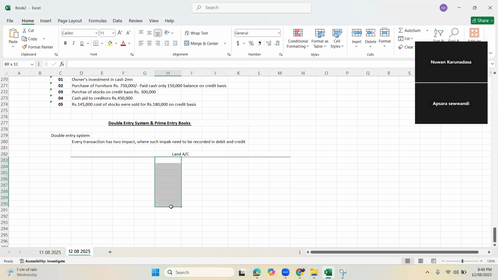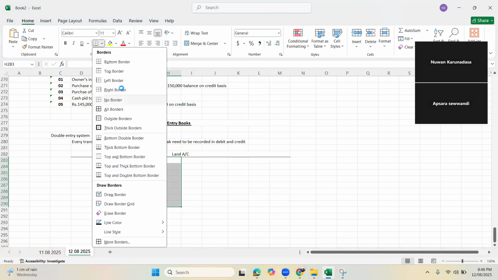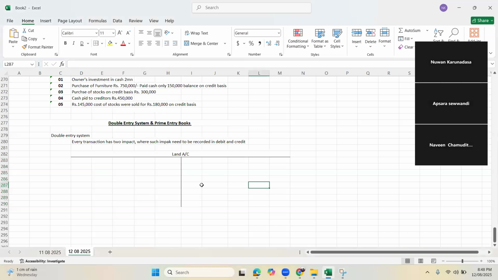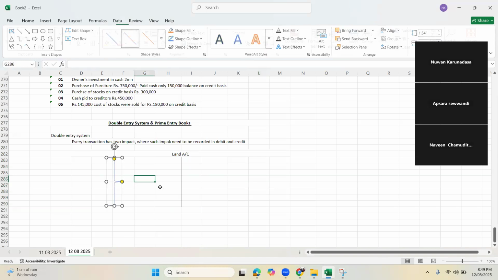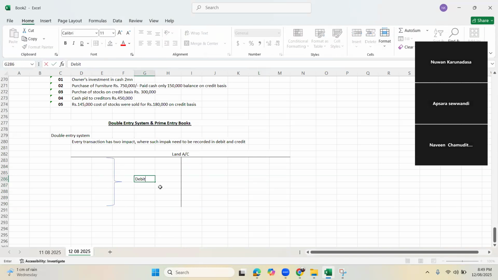This is an example of ledger accounts having two sides. You can see here the left side is called the debit side. Then the right side is called the credit side, right?